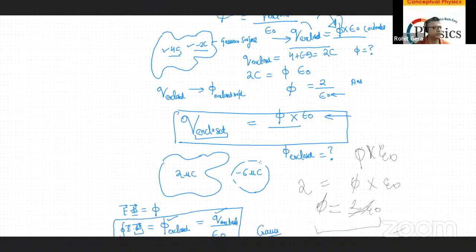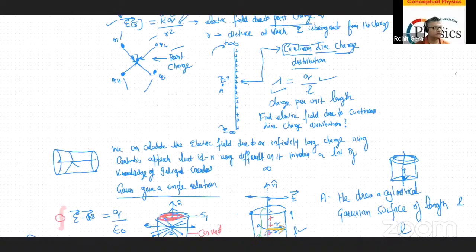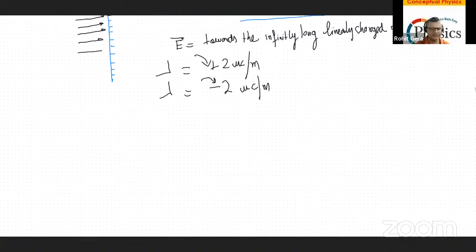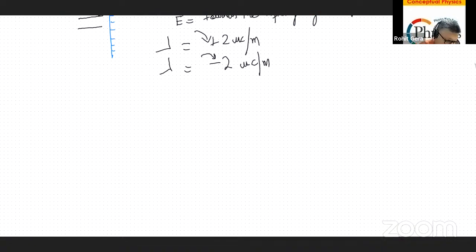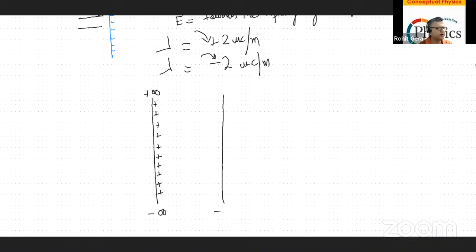All right. Now let's do a numerical on infinitely long charge density. So you have two line charges. This is positive. It's an infinitely long charge, so I will indicate minus infinity to plus infinity, and this is my negative charge.